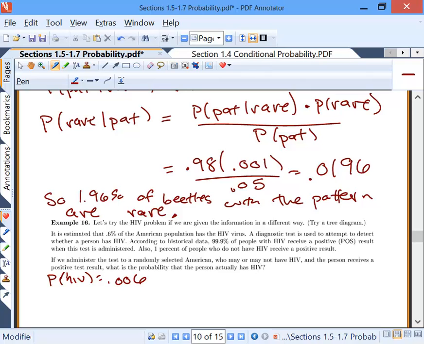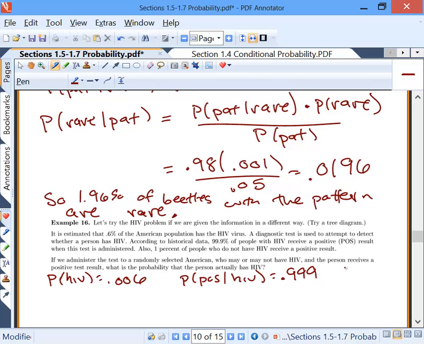A diagnostic test is used to find out whether or not they have HIV. According to historical data, 99.9% of people with HIV receive a positive test result, so the probability of a positive, if you have HIV, equals 0.999.